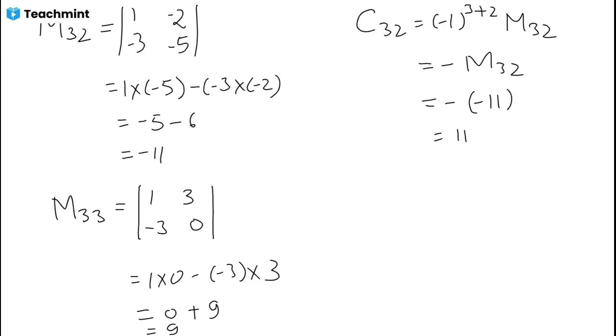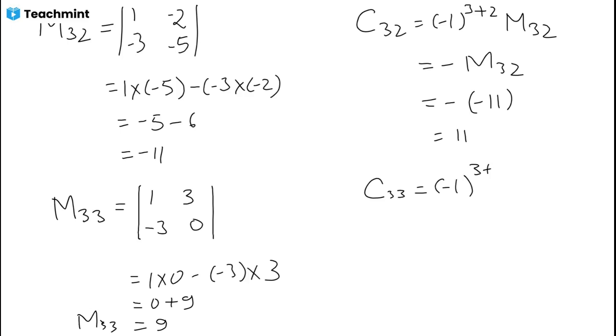M33 is equal to 0 plus 9 is equal to 9. So C33 is minus 1 to the power 3 plus 3 into M33. Obviously we have positive M33, which is equal to 9. So C33 is 9.